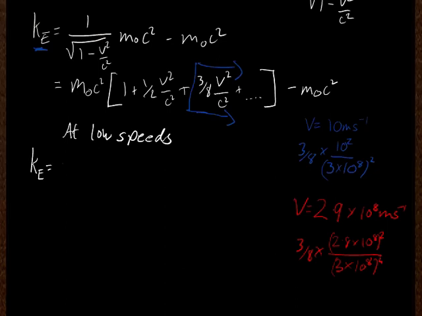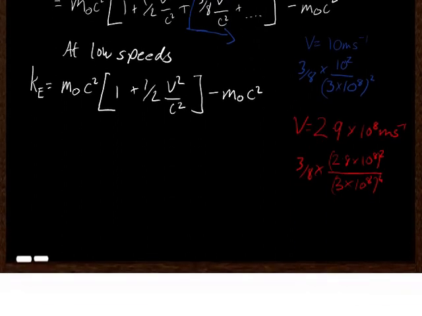So let's go back to our low speed set of circumstances. So we've got m0 c squared, then our important terms 1 plus a half v squared over c squared, and then we've got to remember our m0 c squared on the end, that's coming from there. It's a little bit complicated still.